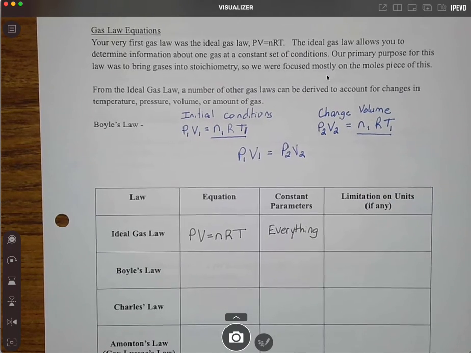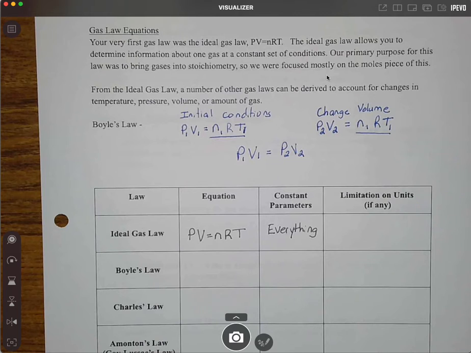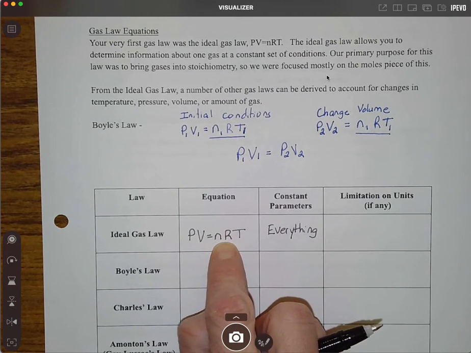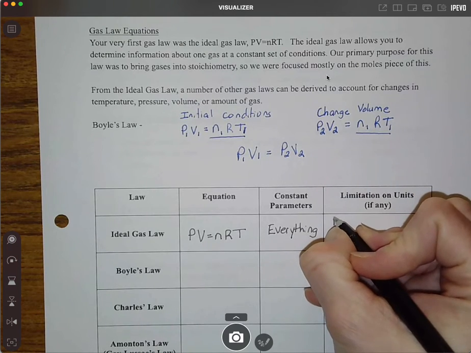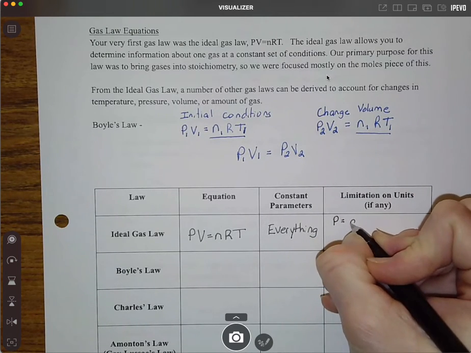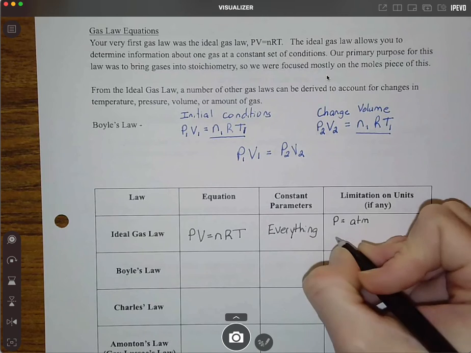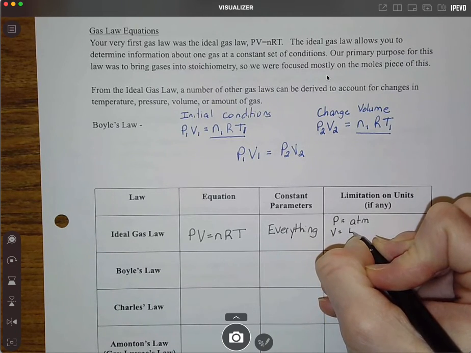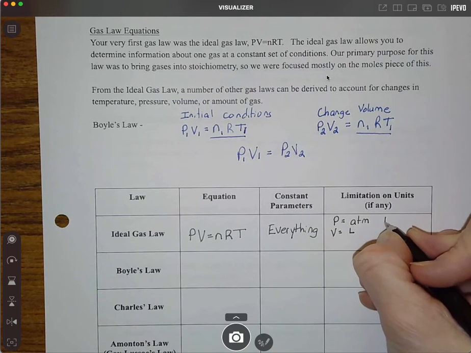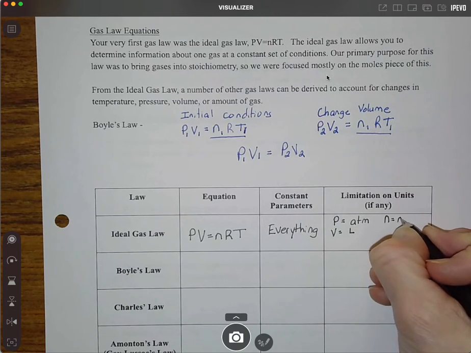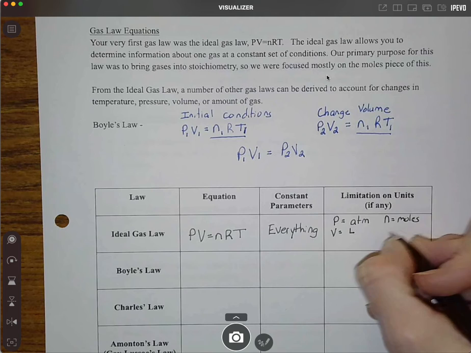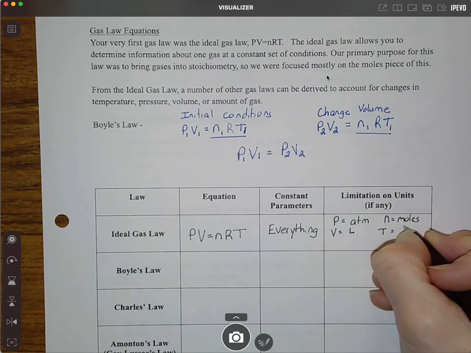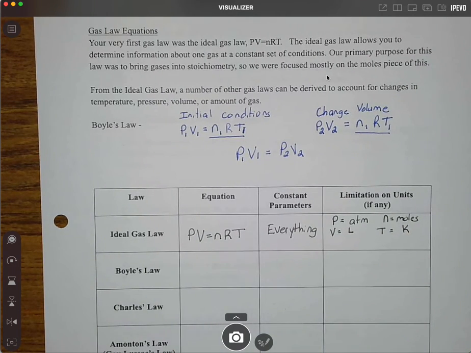It does have lots of limitations on its units, however, because of the appearance of the ideal gas constant in here. That forces us to use pressure in atmospheres, volume in liters, n has to have units of moles, and temperature has to be done in Kelvin.